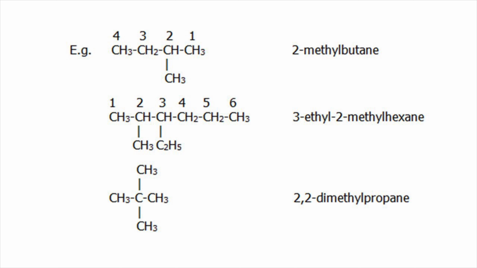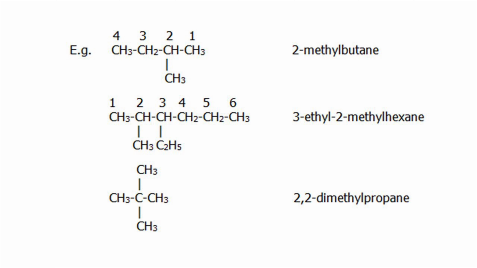If it is numbered from the right side, the methyl group attached carbon gets the number 2. So, we prefer the right side numbering so that the substituent attached carbon atom gets the lowest number. So, the compound name is 2-methyl butane.